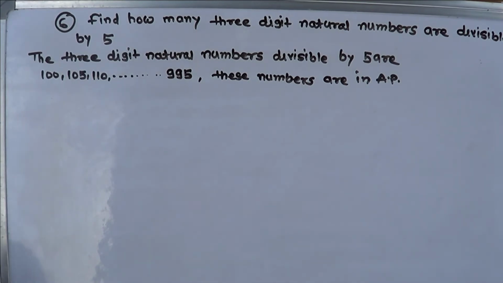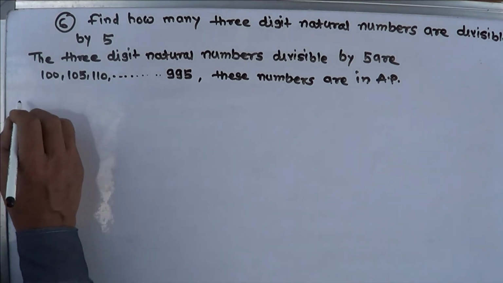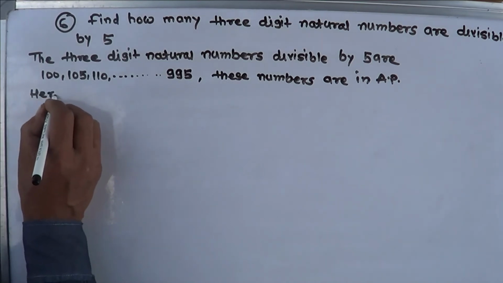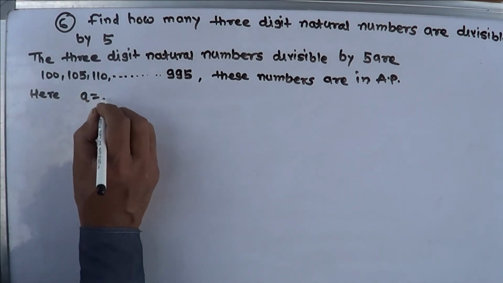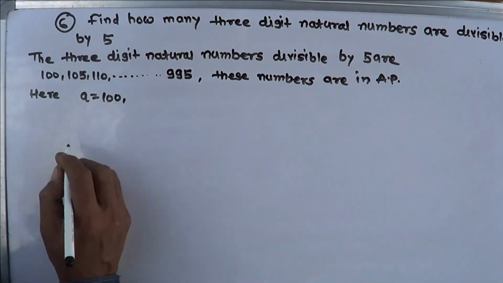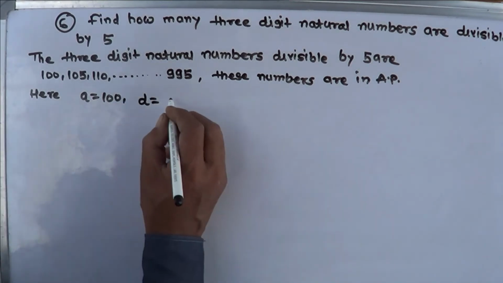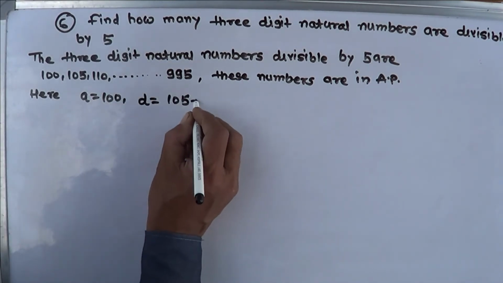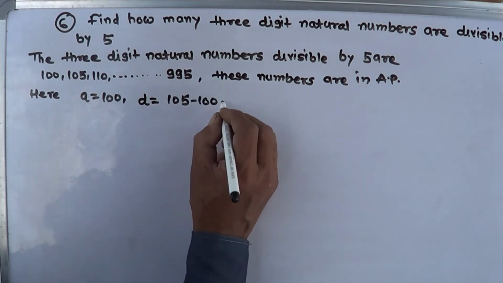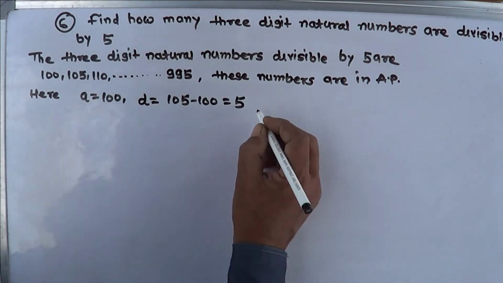For that we will write A, D, Tn, N, and we will find N. So here A is equal to 100, D is equal to 105 minus 100, equal to 5.